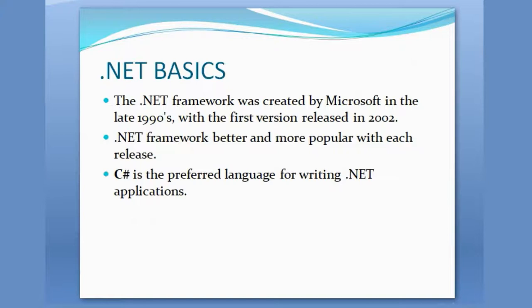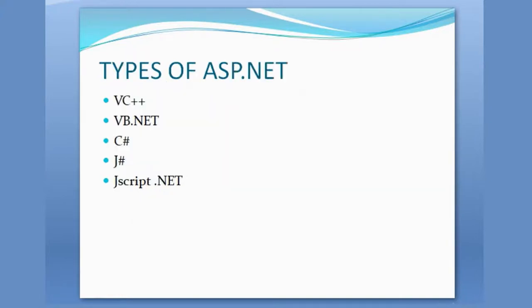ASP.NET is basically a subset of the .NET framework, where it is a successor to Microsoft's ASP technology. There are different types of ASP.NET, like Visual C++, VB.NET, C Sharp, J Sharp, JScript.NET. The most commonly used was Visual Basic.NET.